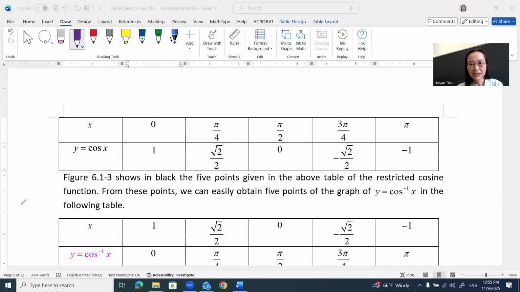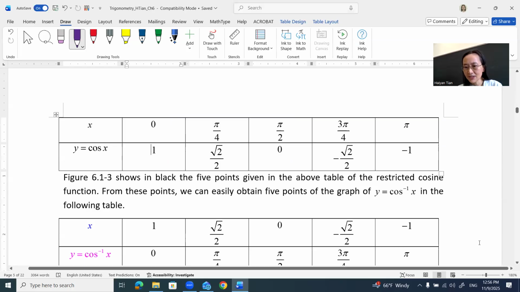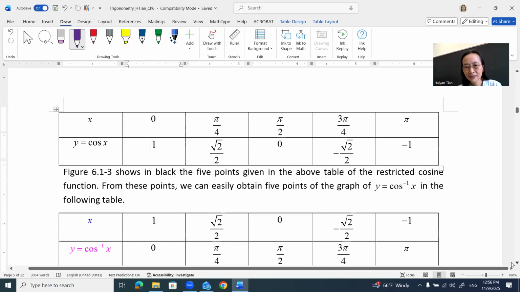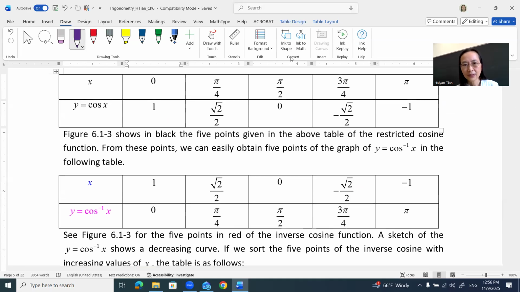Then quickly we can find 5 points of the inverse cosine. That means for the inverse, if your input is 1, you are going to get 0, right? So you see the reversed relationship. If my input is 1 for the inverse function, I'm going to get 0. So (1, 0) must be a point on the inverse.